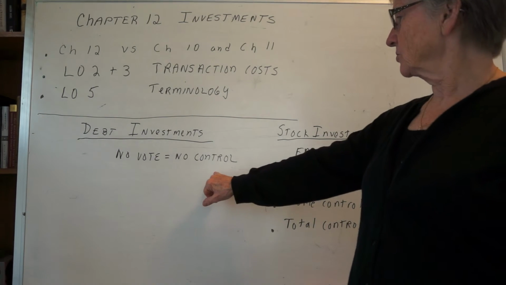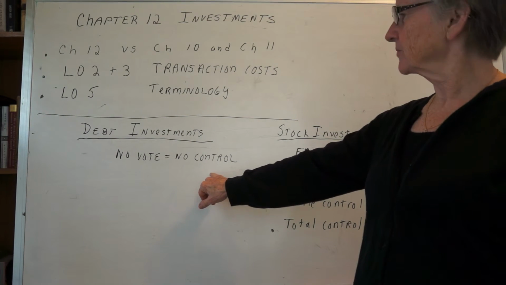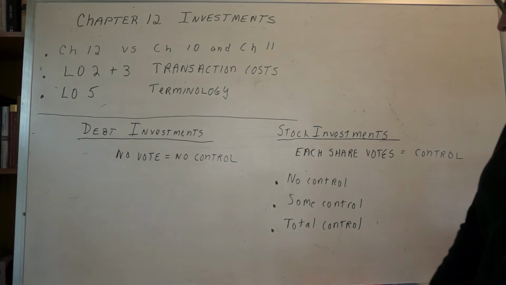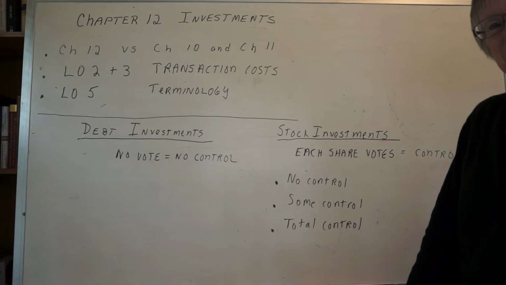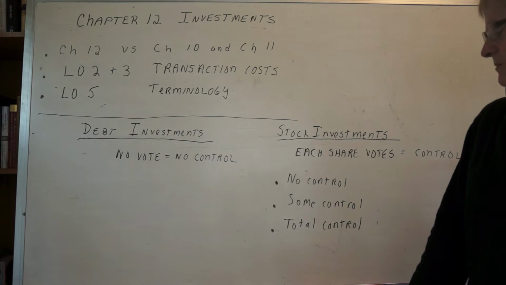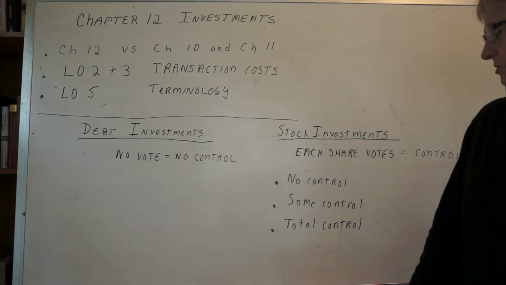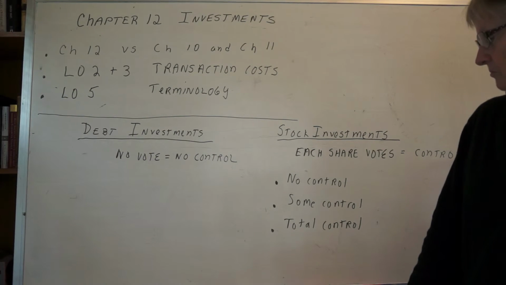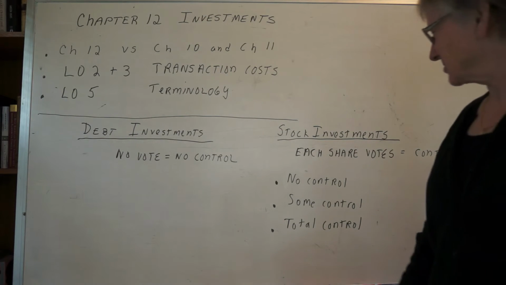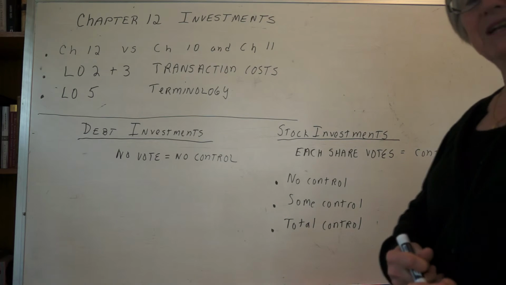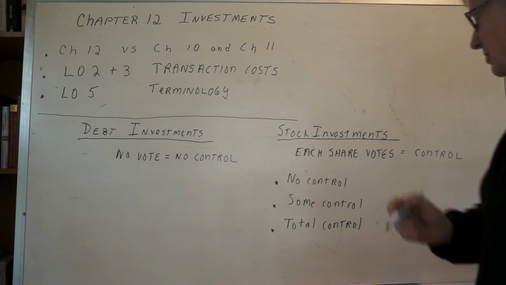So if there's no vote, no control, we use the cost method for all of our debt investments. When it comes to stock investments, each share has a vote. So that means that depending on how many shares of the company you own, you have either no control, maybe some control, or total control. So we're going to have three different ways of accounting, one for each situation.